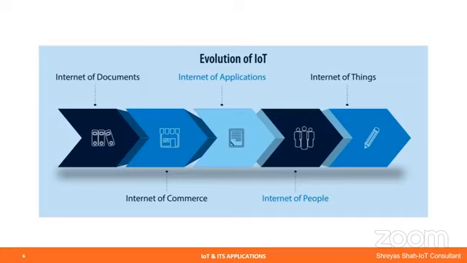The internet of applications and the internet of people combine in the smartphone era, where the use of the internet became very widespread and people were connected, as we are presently connected to each and everyone via the internet. For example, these days we all have smartphones, and if our parents want to track us, they can easily do so.